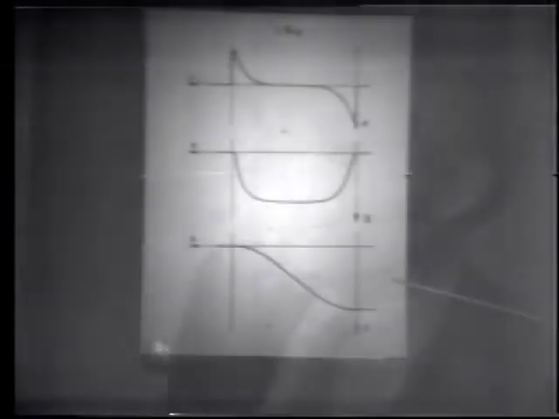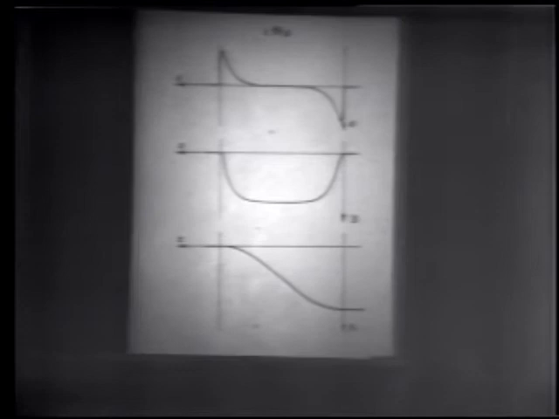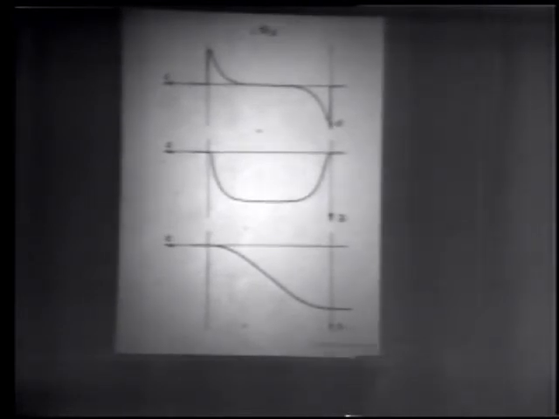This anyhow shows, with a simple theory of a stationary double layer, how the potential varies through the double layer, and the electric field and the space charges. It's called a double layer because there are space charges of opposite signs at each end of the double layer.